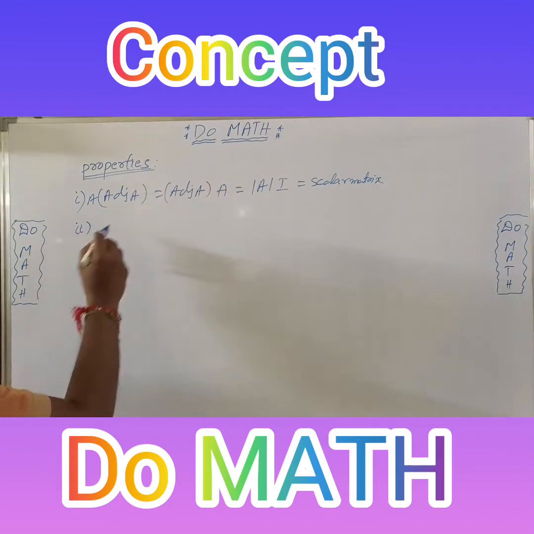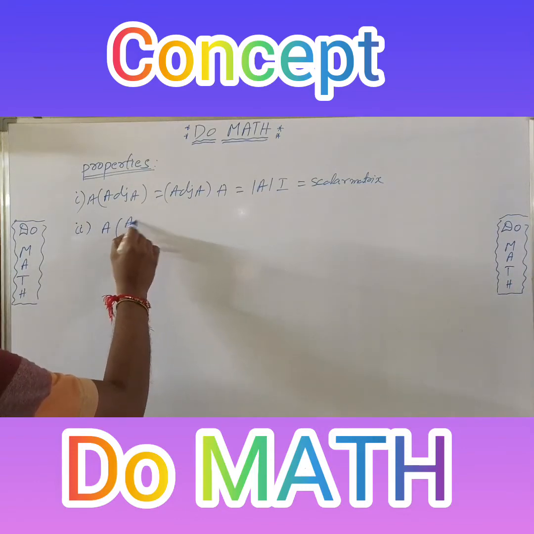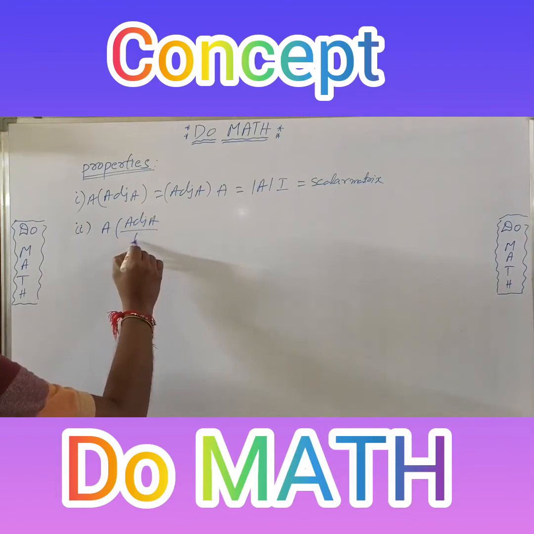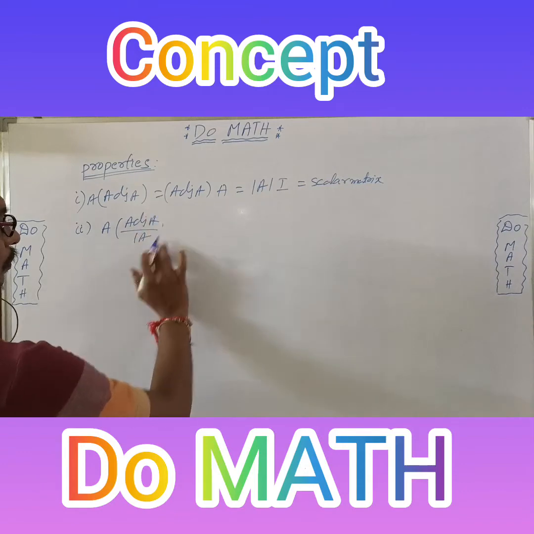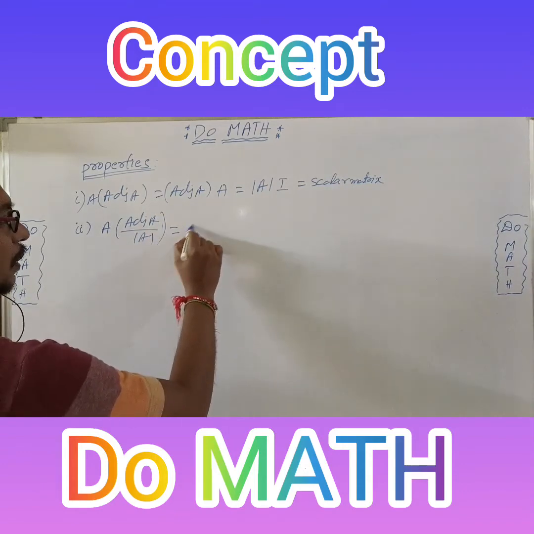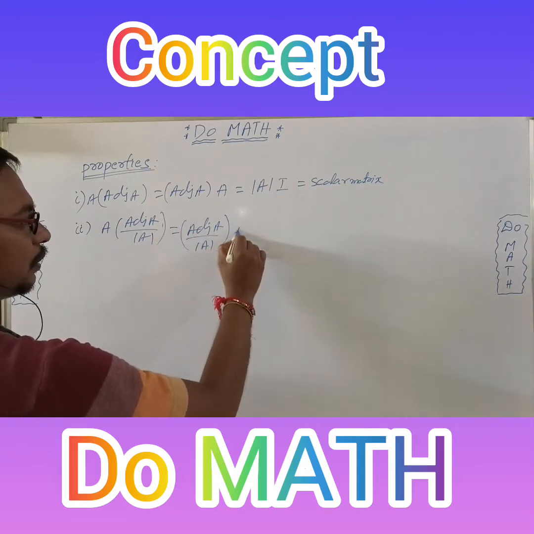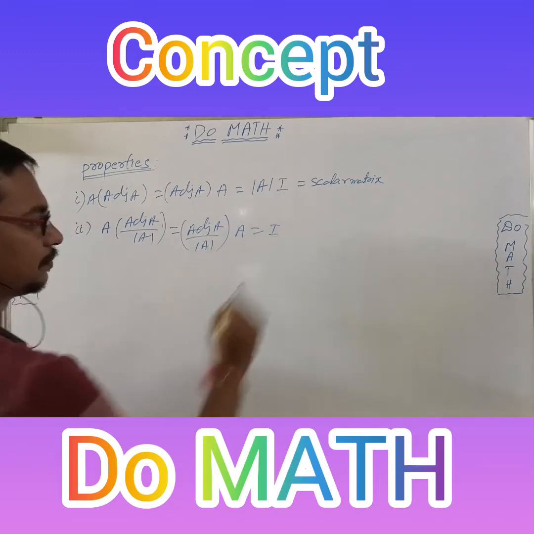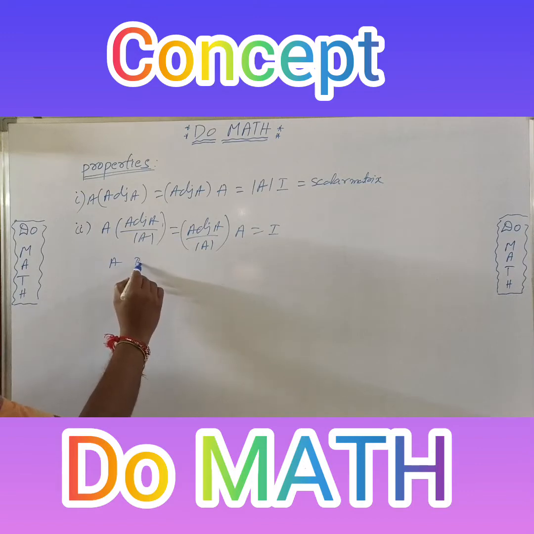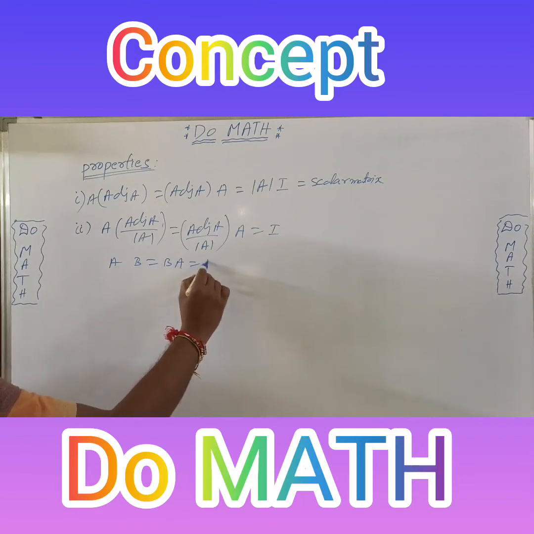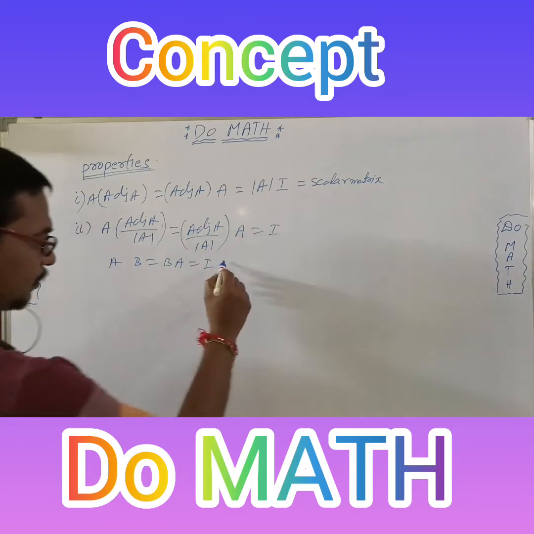And then I can write here A into adjoint A by det A equal to adjoint A by det A into A equal to I. That means it is in the form of AB equal to BA equal to I. So simple.